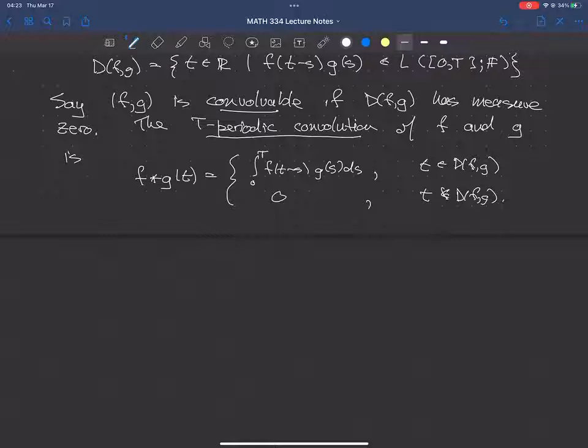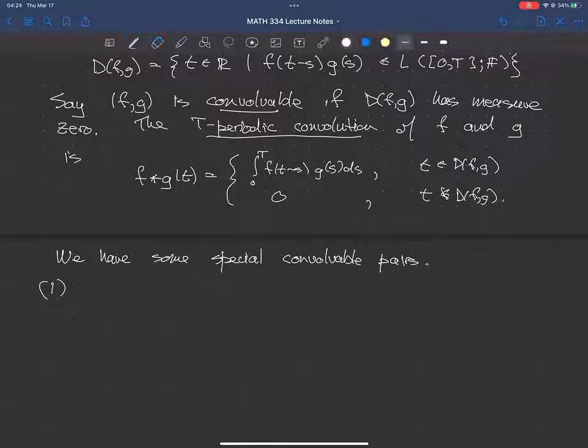Otherwise it looks just the same as in the aperiodic case. So we have some special convolvable pairs. Let's list those.